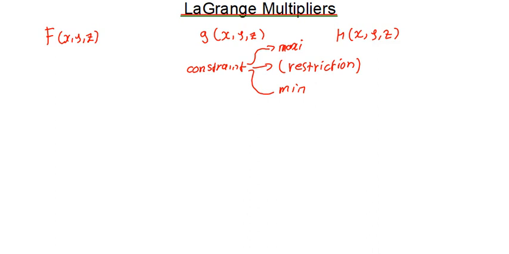One thing that we have to understand is that when it comes to the normals of level curves, normals of level curves are scalar multiples of each other.